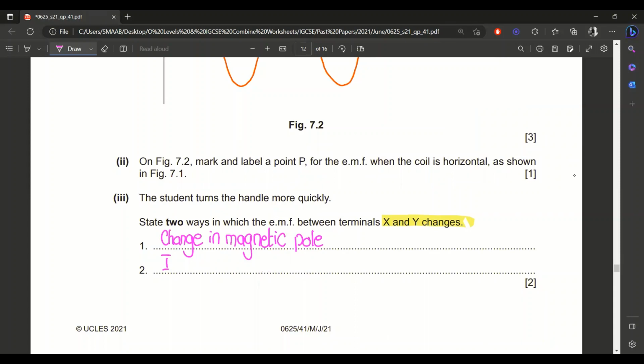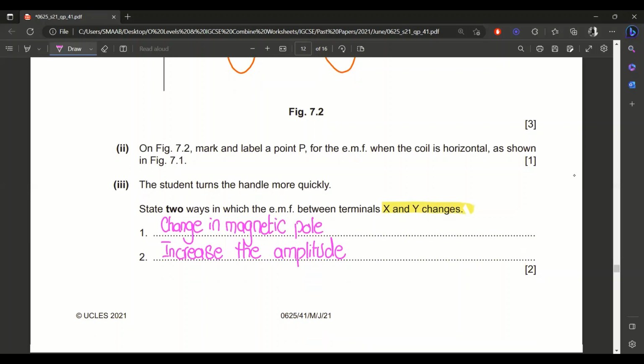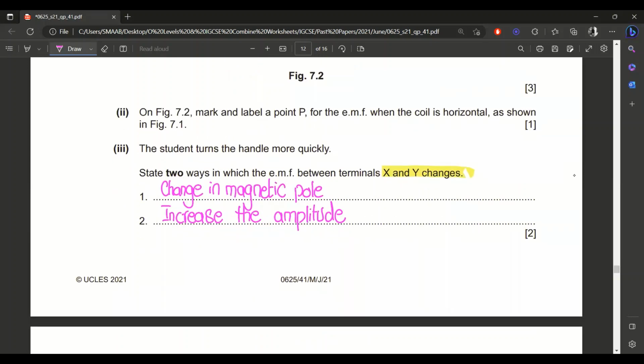Or further we can write it as increase the amplitude, because according to the graphical representation, if the frequency increases, the amplitude will also increase. So increasing or decreasing the amplitude will also change the EMF between terminals X and Y, right? Because the student is turning the handle very quickly, that will increase the amplitude.